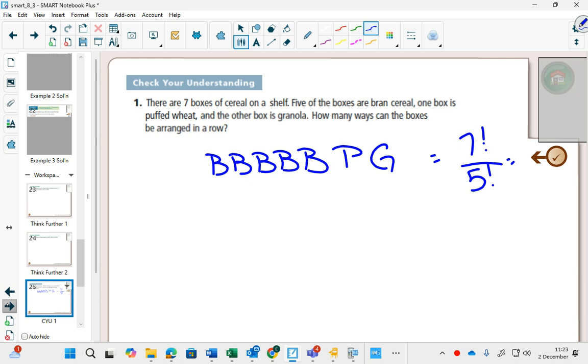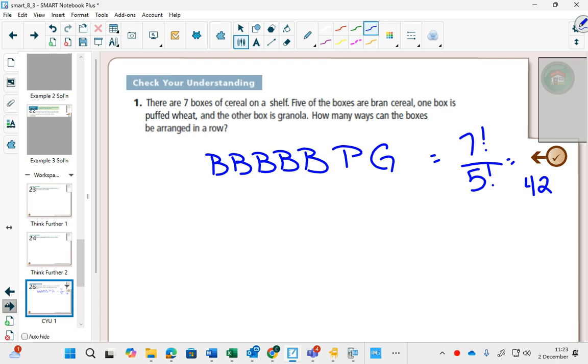Some of these will be on the non-calculator part of your test, so you'd have to do this non-calculator. 42. I'm hoping you didn't do 7 factorial in your head and get 5,040 and then have to divide that by 120 and say, I know my 5,040 times table and get 42.